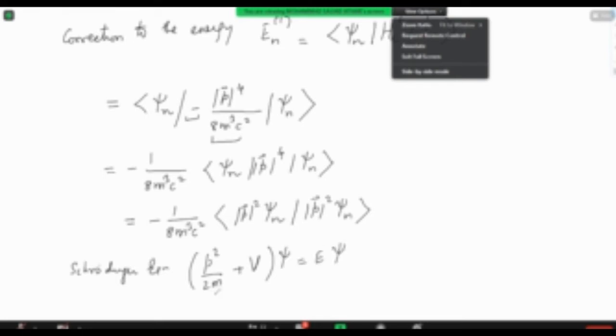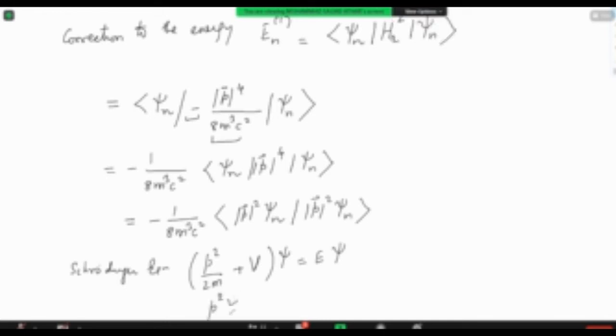This is the time independent Schrodinger equation, such that what is p square psi from here? This is nothing but twice m (E minus V) psi.